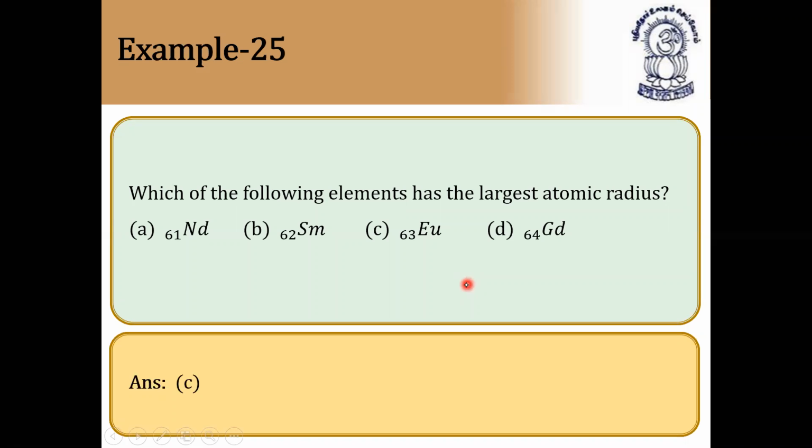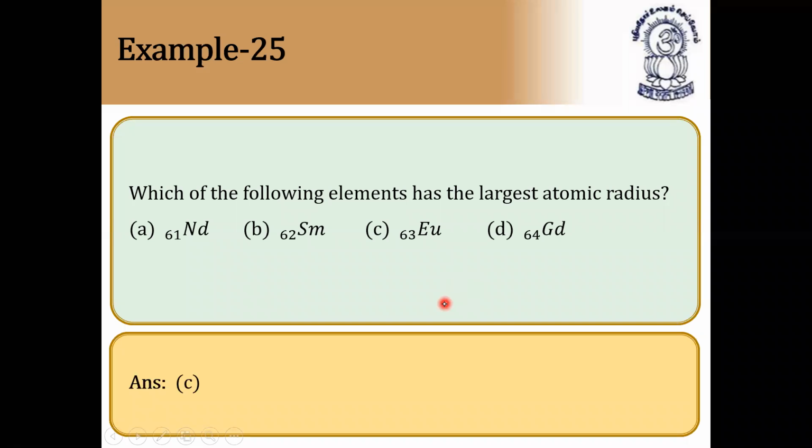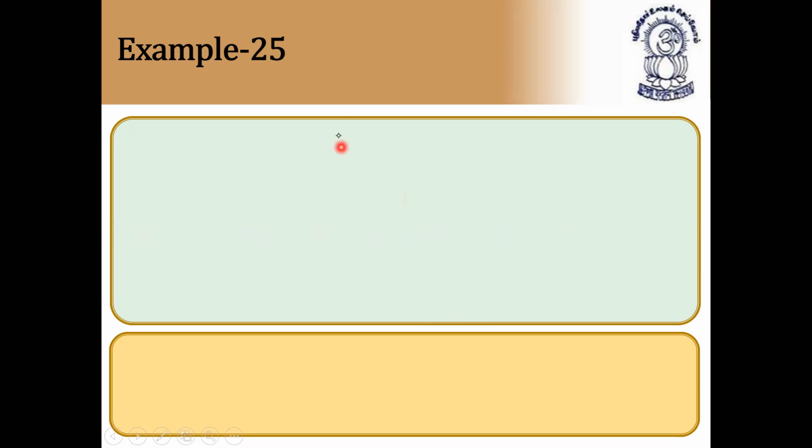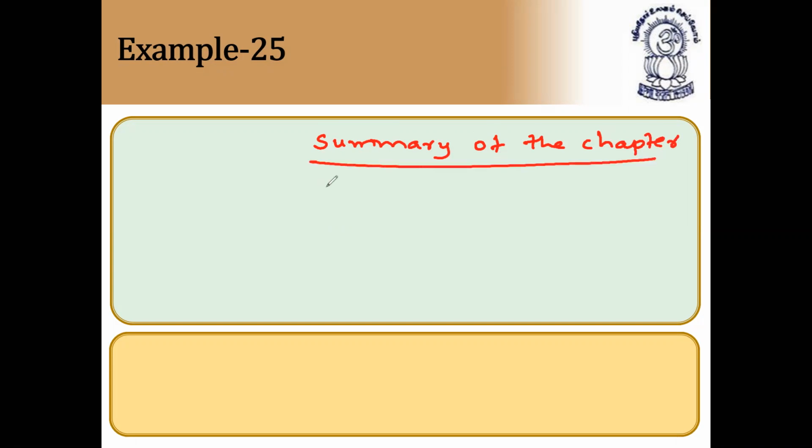So this is the last question we have discussed. Now I'll write the summary of the chapter. Here, as there is space, I'm going to write a summary of the chapter for D and F block.